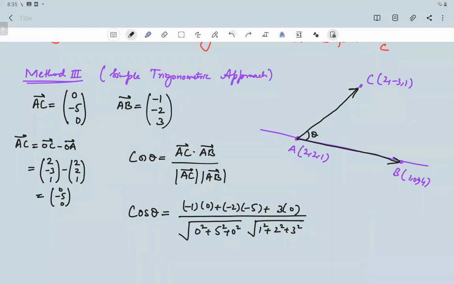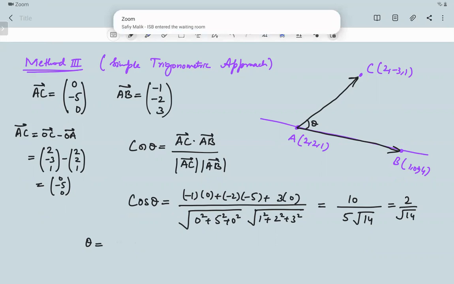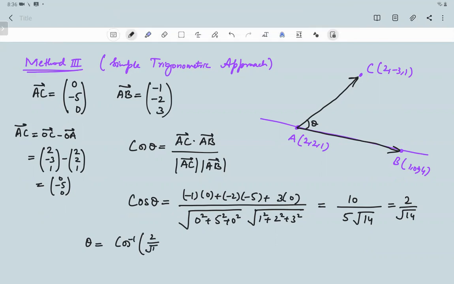Now when we simplify it, it becomes 10 over 5 under root 14, 2 under root 14. Theta is equal to cos inverse of 2 over under root 14. Instead of actually calculating this angle, we just need the value of sine theta.